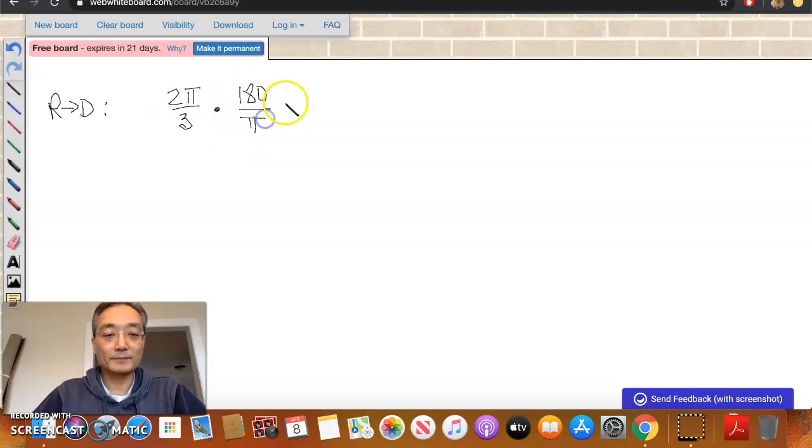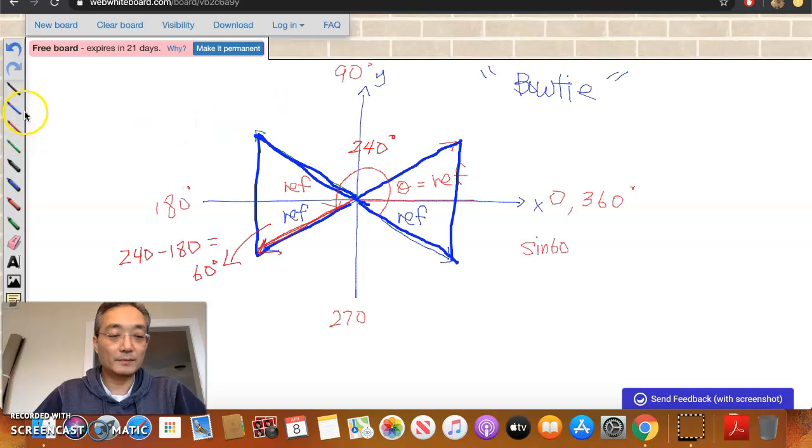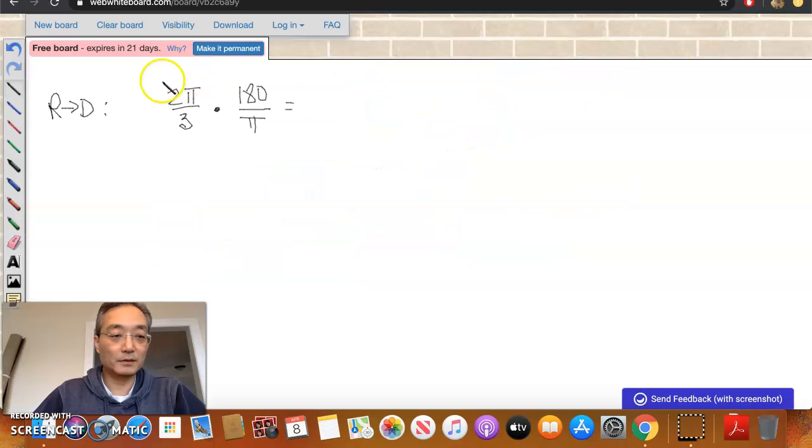So using the conversion, 2 pi over 3, and saying we're converting from radians to degrees, correct? So remember, we have to multiply this by 180 over pi, correct? If we do that, the pi's cancel out, right?